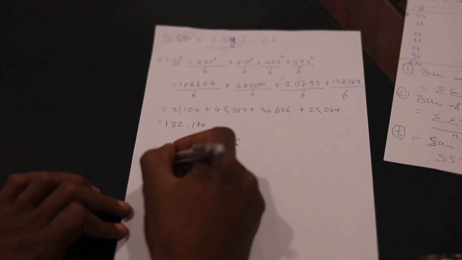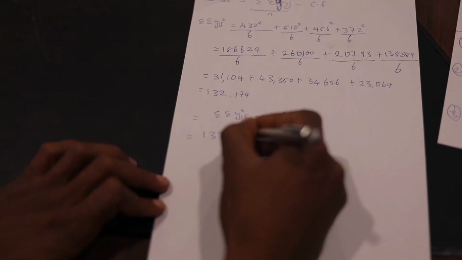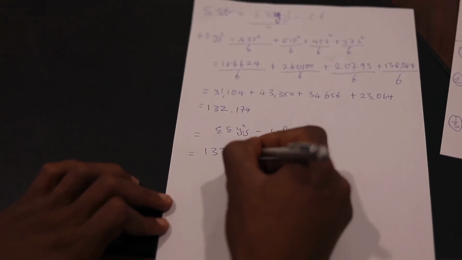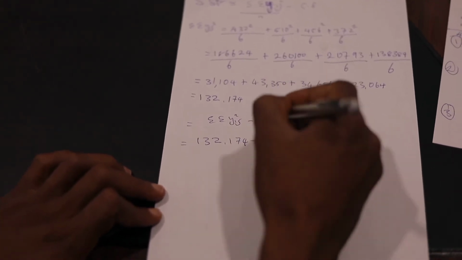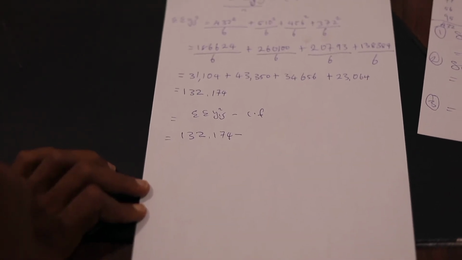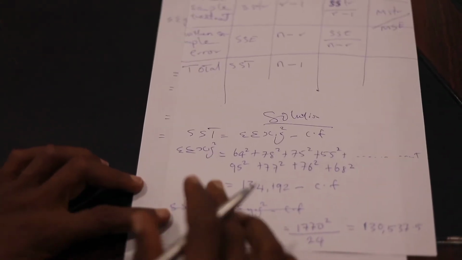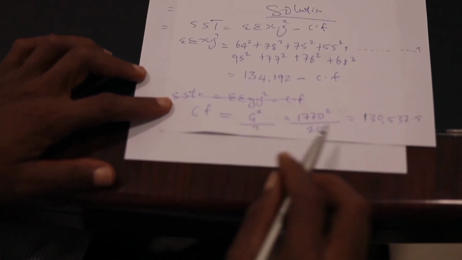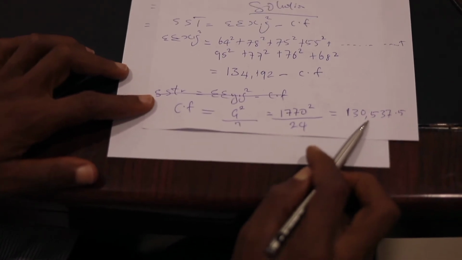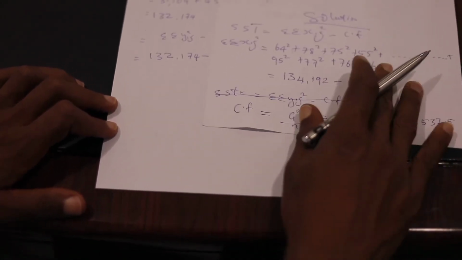We say 132,174 minus this common factor, which we solved in the previous paper. I'll bring it back and show our grand total, which is our common factor: 130,537.5. So let's put this down right here.